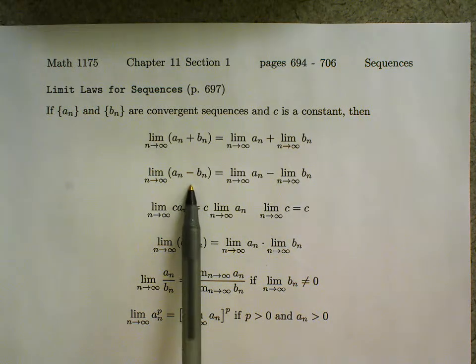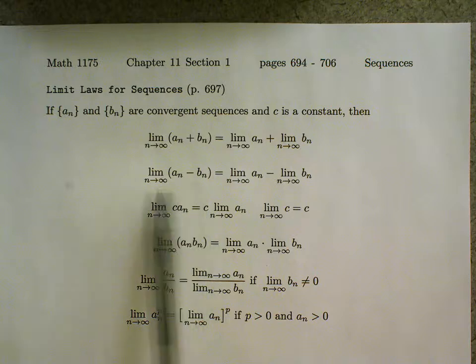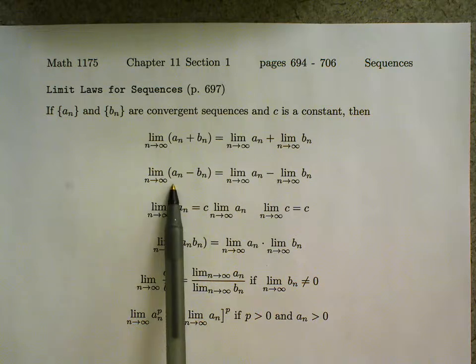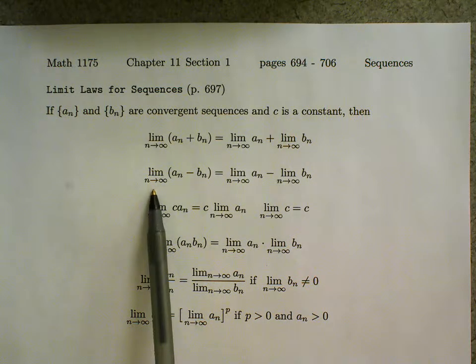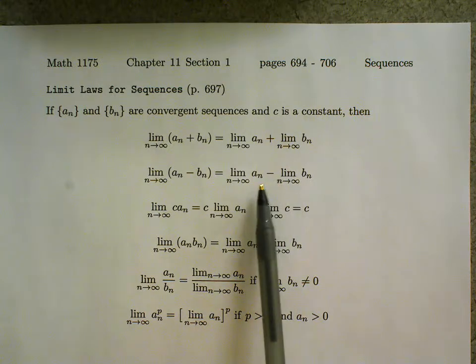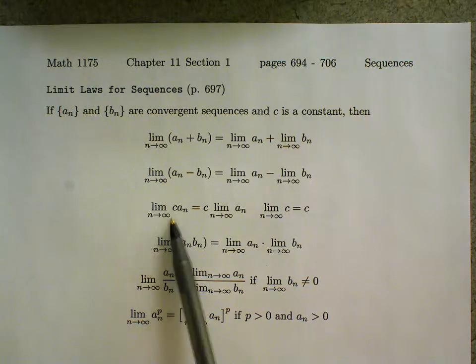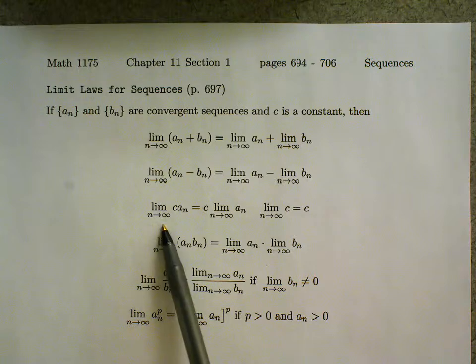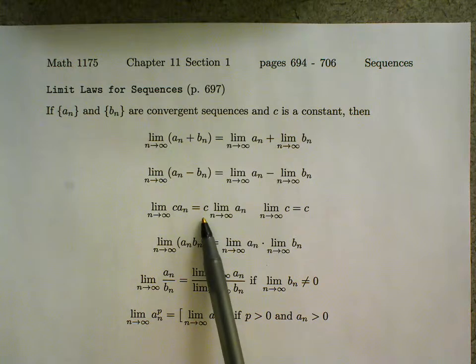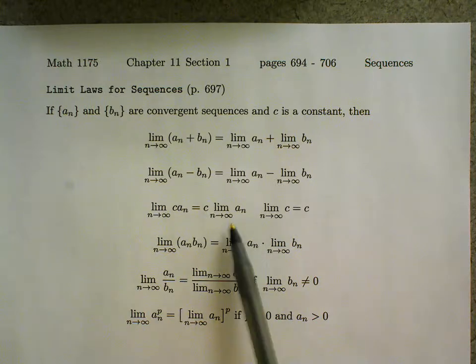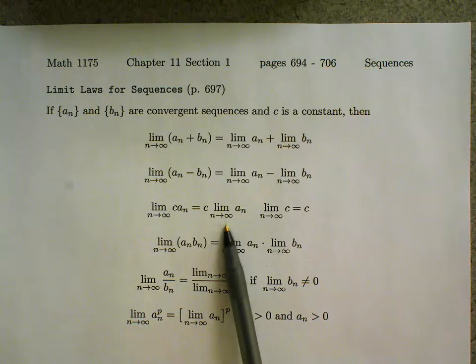If you have a difference, a sub n minus b sub n, the limit of a sub n minus b sub n as n approaches infinity is equal to the difference of the limits. If you have a limit of c times a sub n as n approaches infinity, well, you can factor c out of all of the terms and multiply the constant c times the limit of the a sub n terms as n approaches infinity.